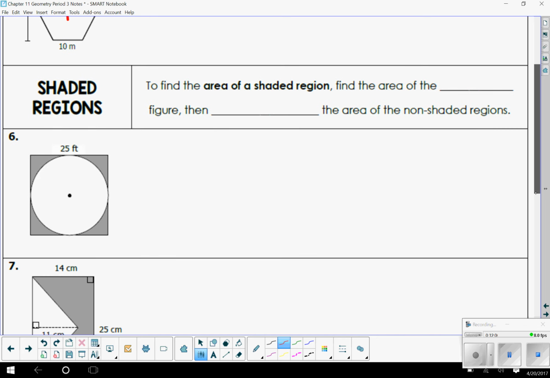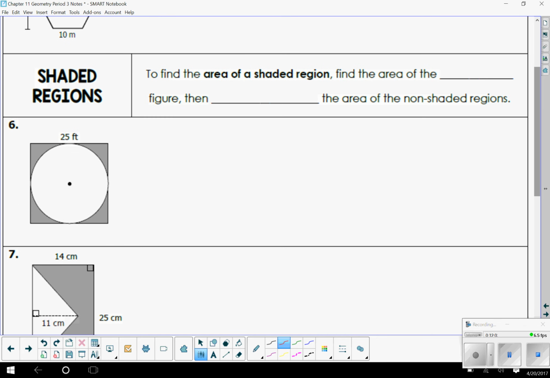Shaded regions, which is something we already did. To find the area of a shaded region, find the area of what? What do they have written down? Yeah, entire. I would have put the bigger one. Yep. Entire figure and then subtract.